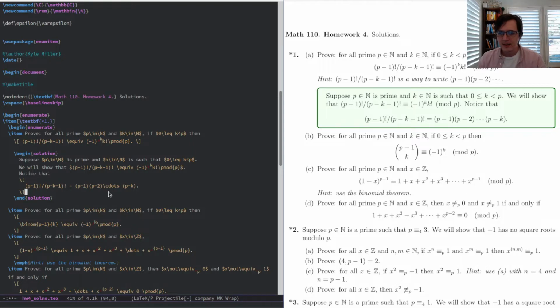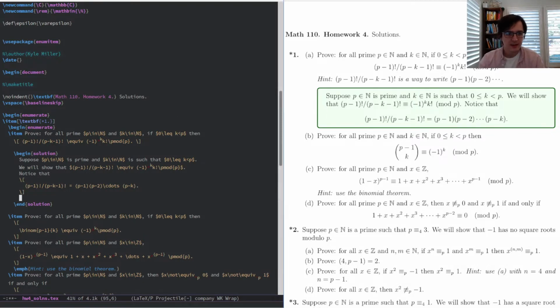Okay, so in modulo arithmetic, recall that for all, let's say i in the integers, p minus i is congruent to minus i mod p, because p is equivalent to 0 mod p.